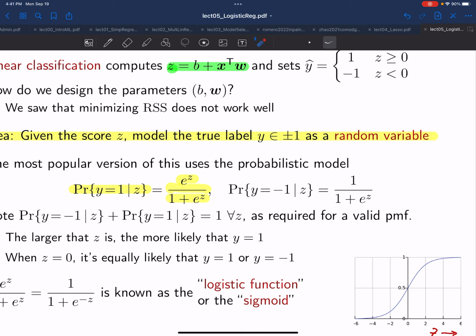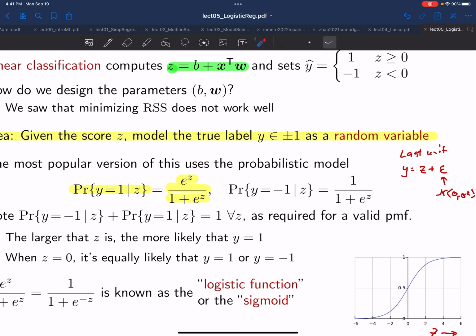Okay, so this is a different sort of probabilistic model than we saw in the last unit. If you remember, I'll write it here. The probabilistic model that we used was y, the true y, equals z plus epsilon, where epsilon was noise with mean 0, let's say variance sigma squared.